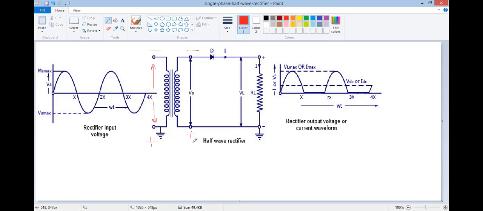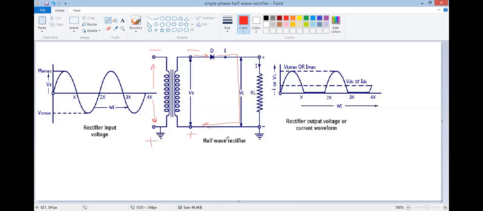Polarity is same. So see what is happening. This negative terminal is now connected to P-type material, and this N-type material connected to positive terminal, like this. Correct? So what is happening?